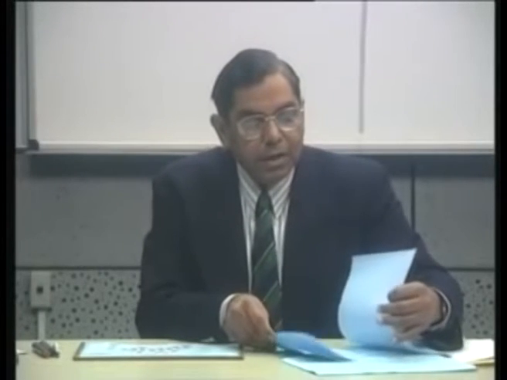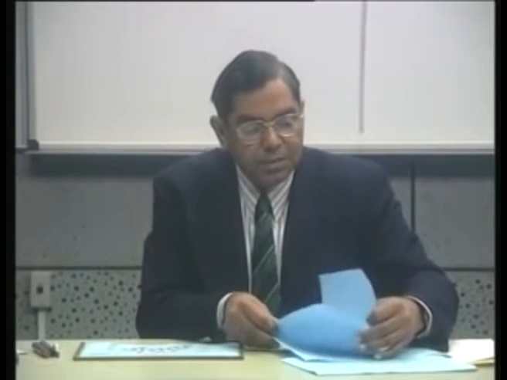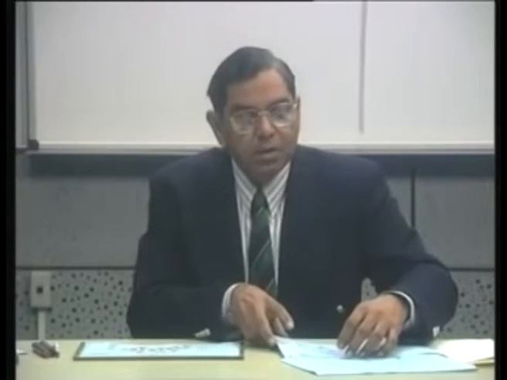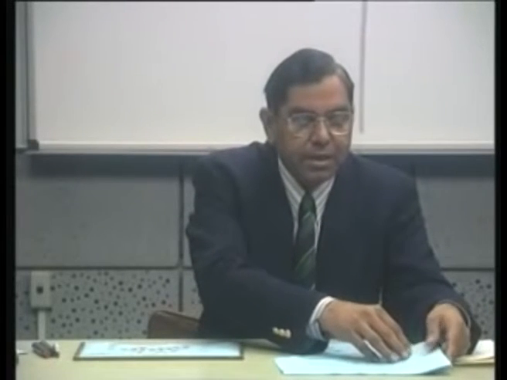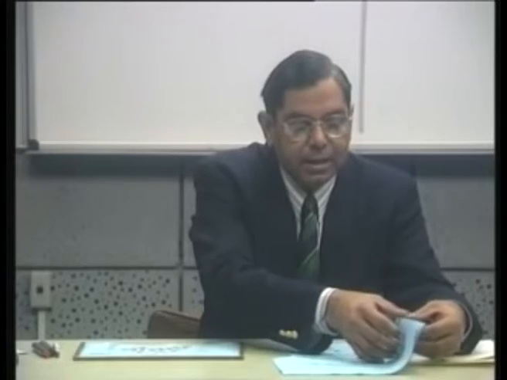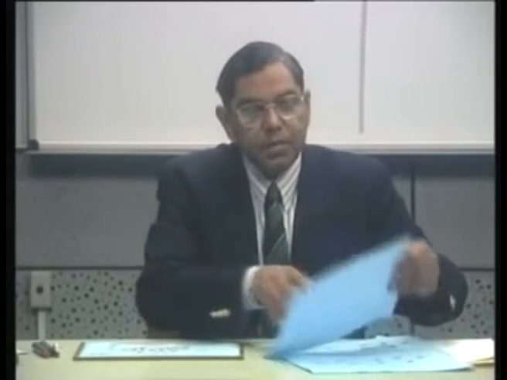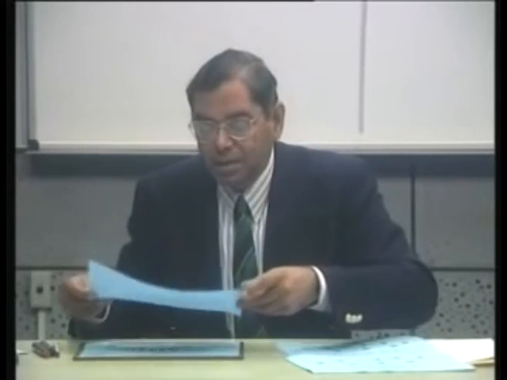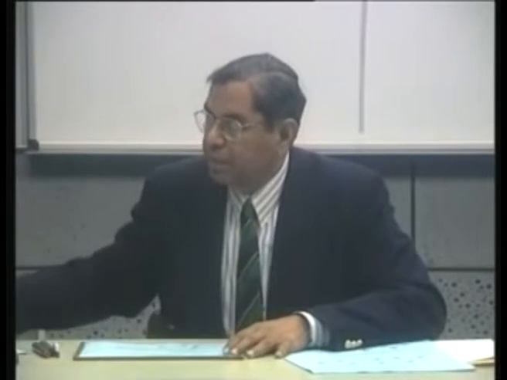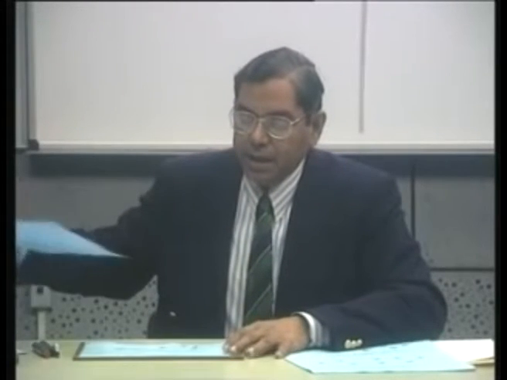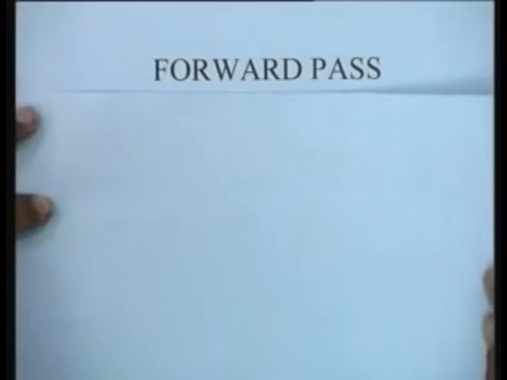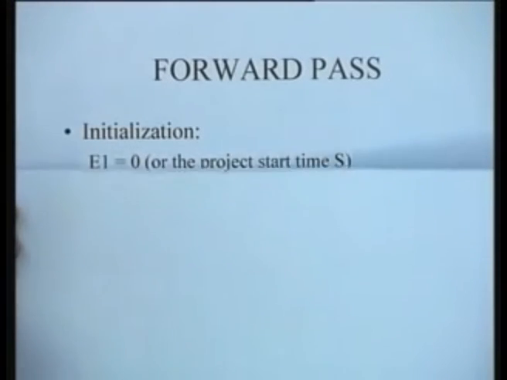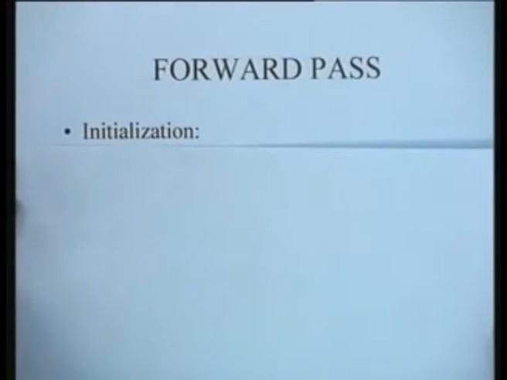Now looking at this particular problem, what we are going to do is an event oriented algorithm for determining the critical path. In any network we do what is known as a forward pass, and the forward pass consists of essentially one initialization step.